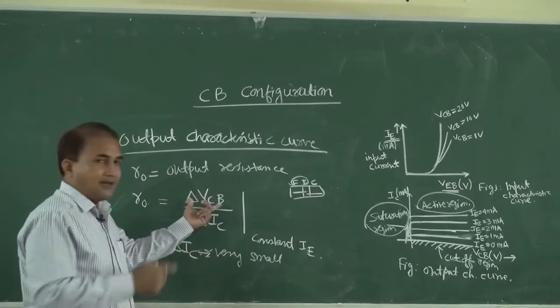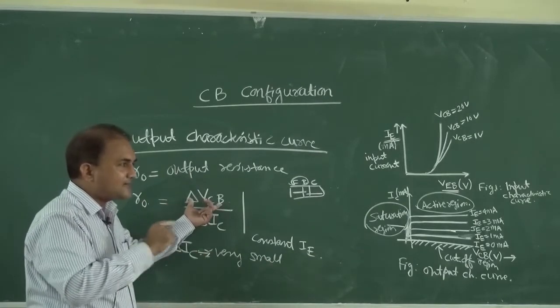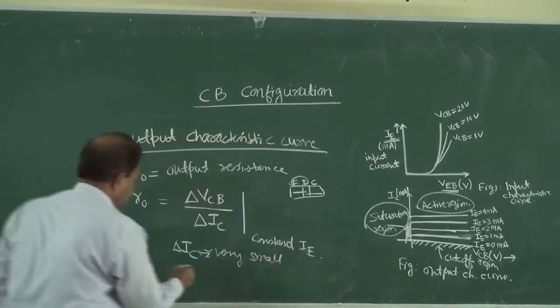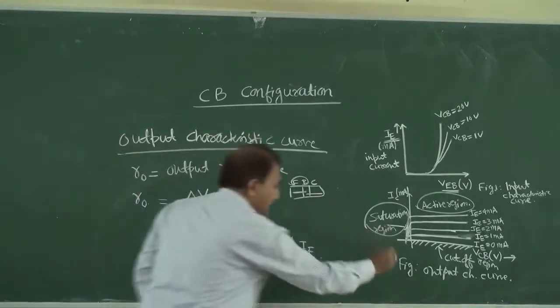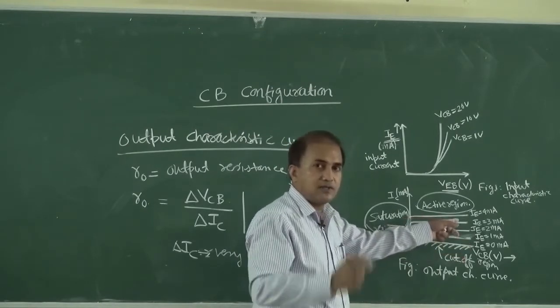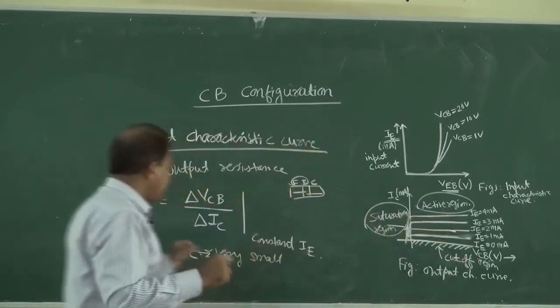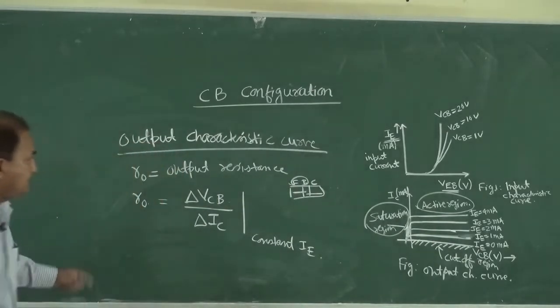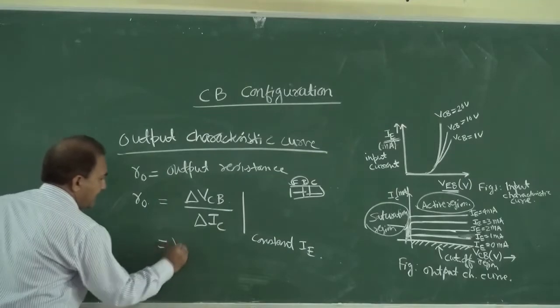You can see in this figure, for a large change in VCB, IC is almost constant. That is why our output resistance is very high.